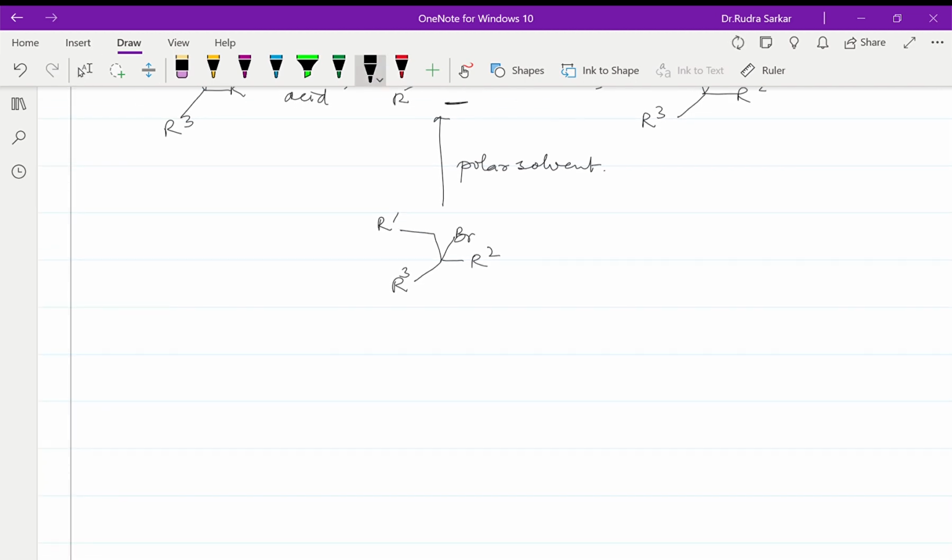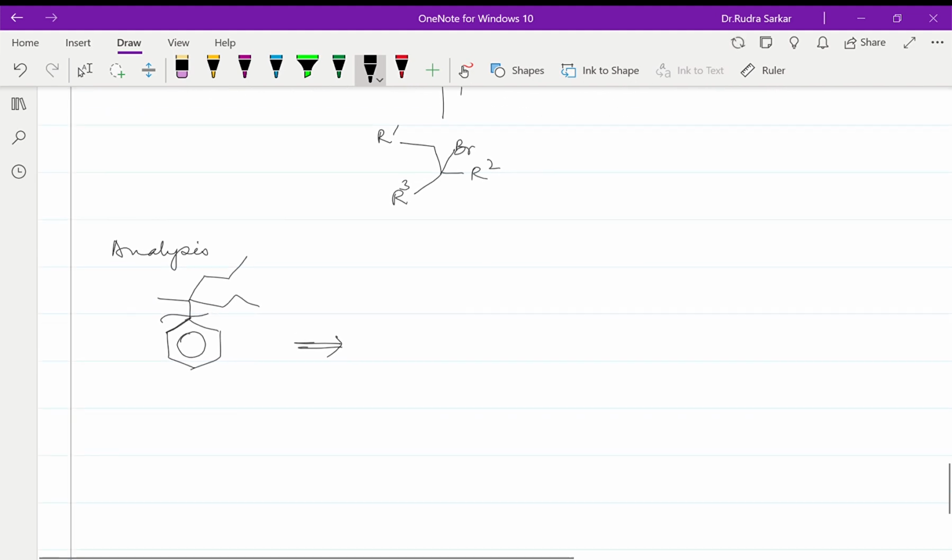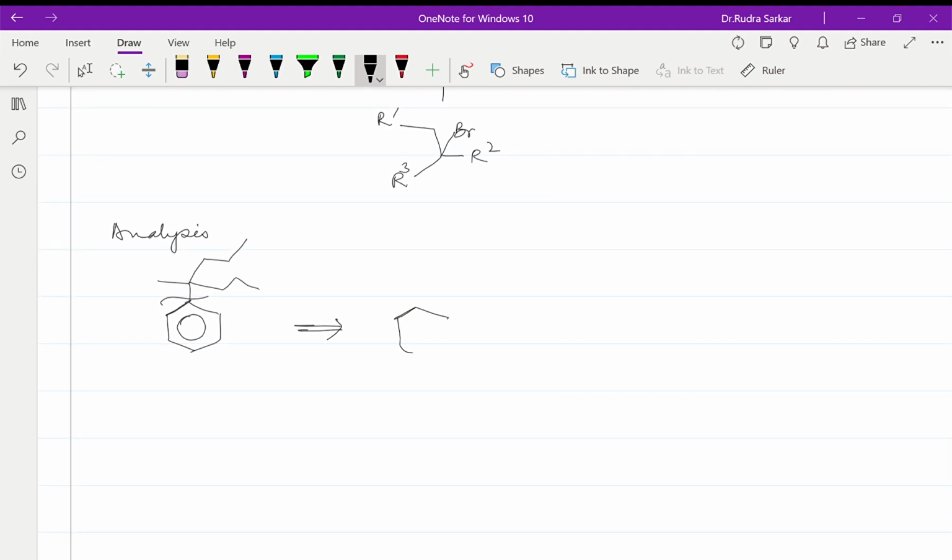Now, let us take an example of an analysis of a molecule for which we are going to do the retrosynthesis. So over here we are going to disconnect at this point, generating the phenyl minus and obviously the 3-degree carbocation over here.